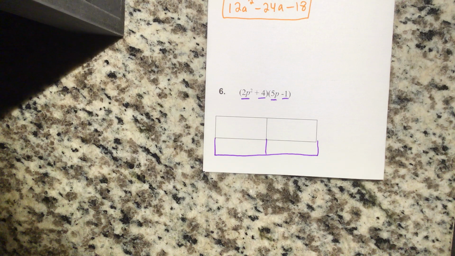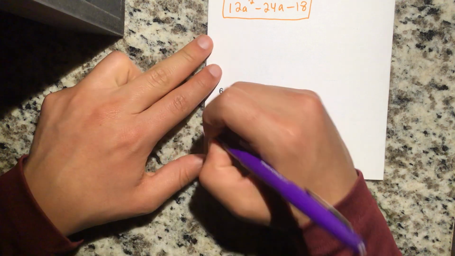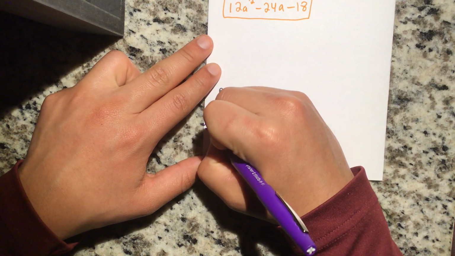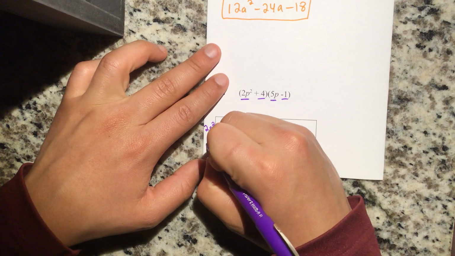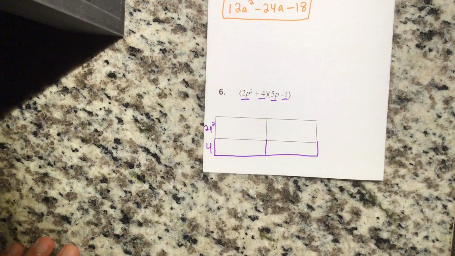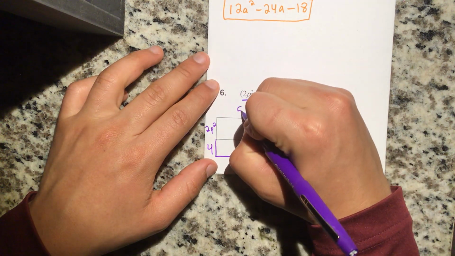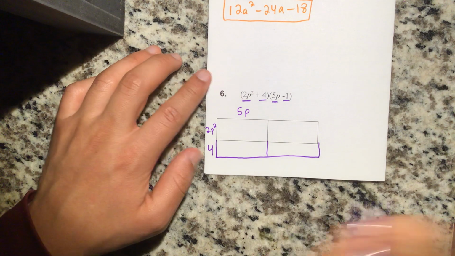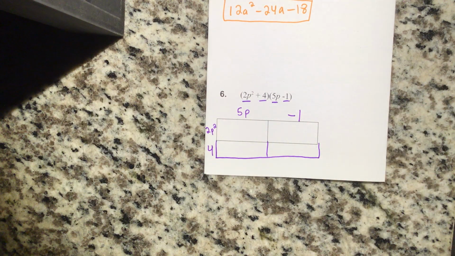So watch how I'm gonna set this up. So 2p squared plus 4, I'm gonna put 2p squared here on the top box, and then the positive 4 on that box on the same side, okay? And then with my next binomial, 5p minus 1, I'm going to put 5p on top of here in its own box, and then minus 1 on top of that box, okay?